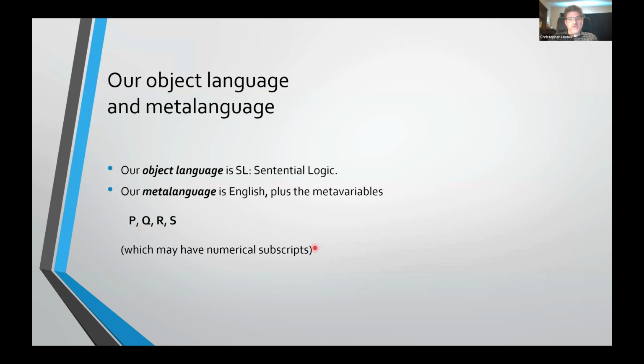It's possible for them to have numerical subscripts. I am pretty sure that we never actually do that because we never need more than 4 in the material that we're covering, but it is possible if you ever needed to. These meta variables are used to stand for any sentence of SL. So they're exactly like variables that you would find in algebra, except instead of standing for numbers, they stand for sentences.